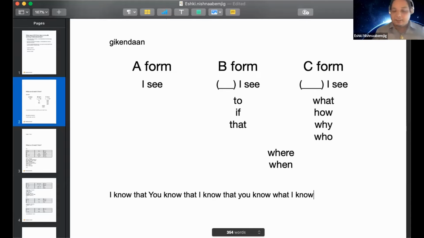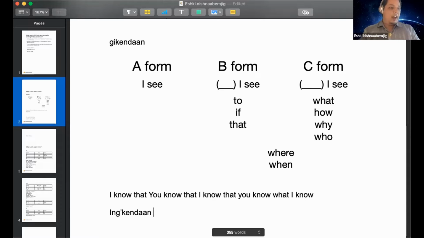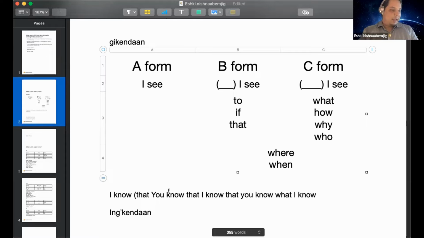And this is done with one verb in Anishinaabe and how we change the verb, right? So I know there's nothing in front of it. So I get engich. I know. So that's my first part. And then I got this that, right? So that starts my bracketing. That you know.